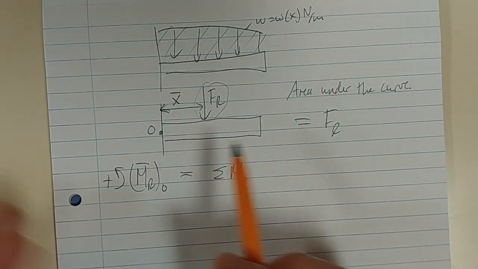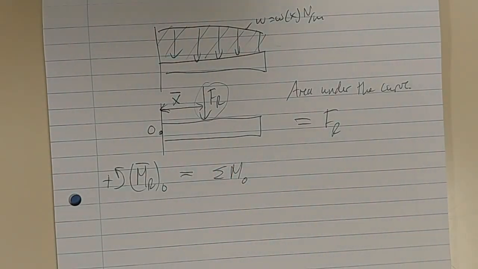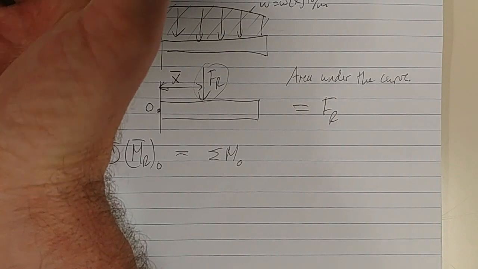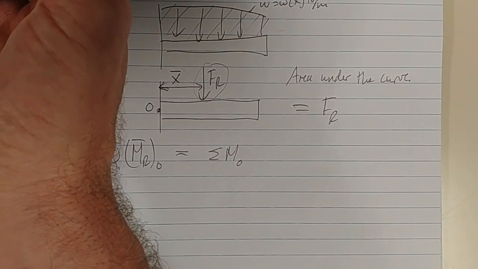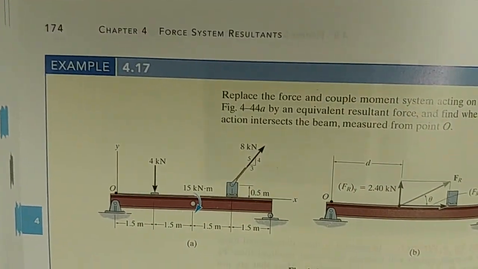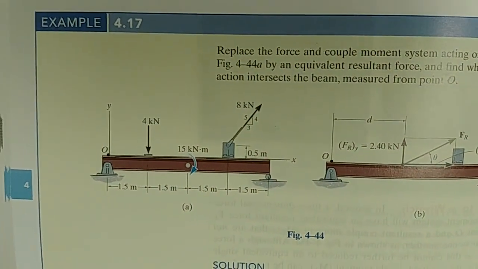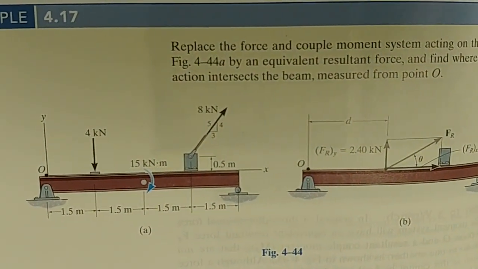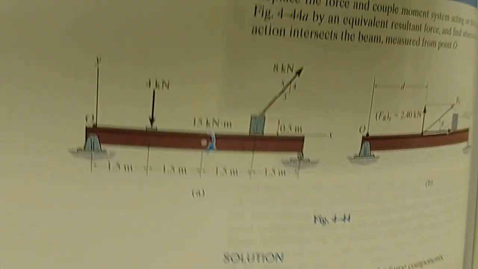When we're trying to determine this, if we go back to chapter 8, for example, example 4.17, as you can see there's a bunch of forces, and we're trying to reduce it to a single force.